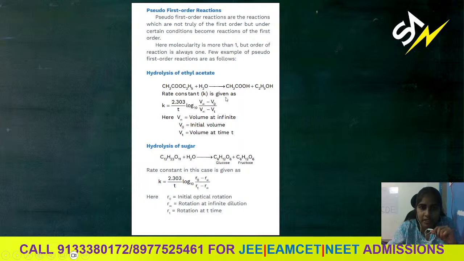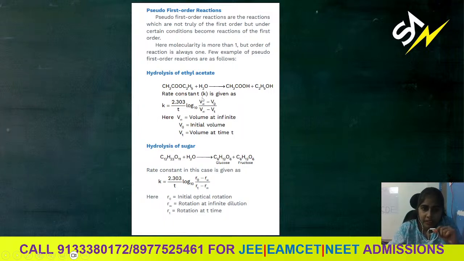For this equation, rate constant k is given as, we are taking the rate equation similar to that of first order reaction, that is k is equal to 2.303 by t log 10 of (V infinite minus V naught) by (V infinite minus V of t), where V naught is initial volume, V infinite is volume at infinite, and V of t is volume at time t.